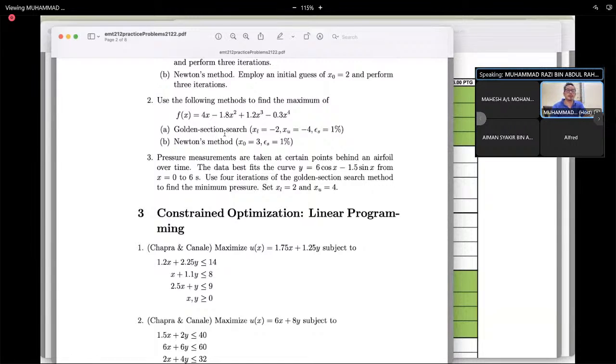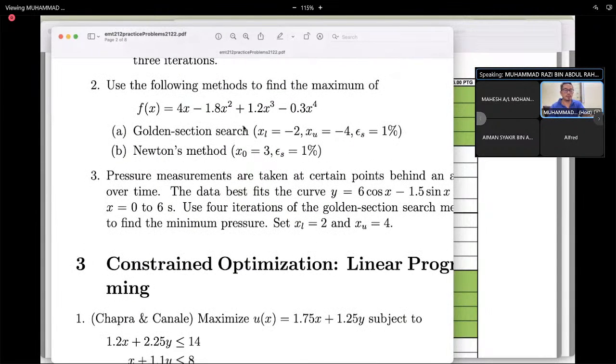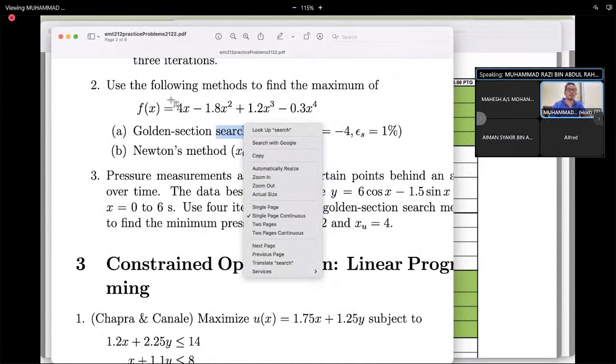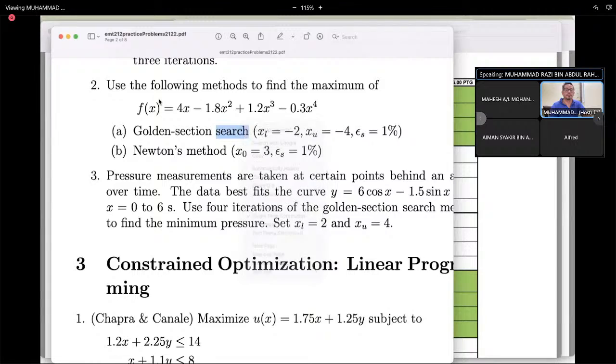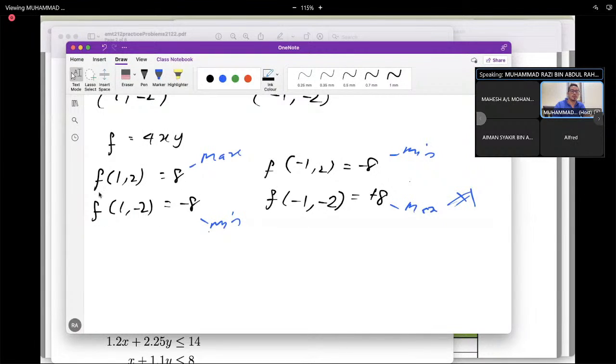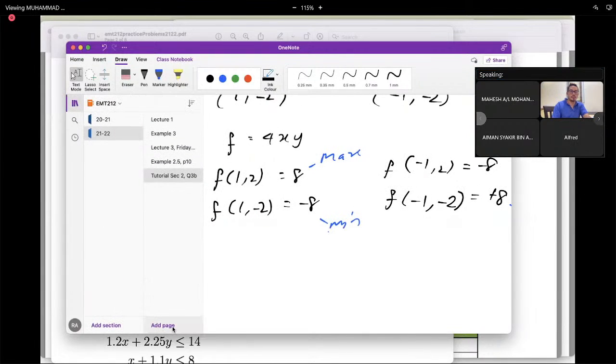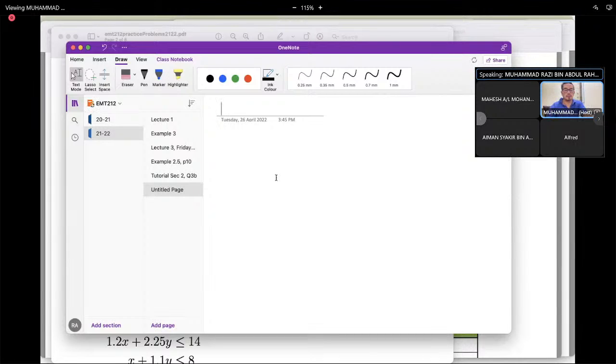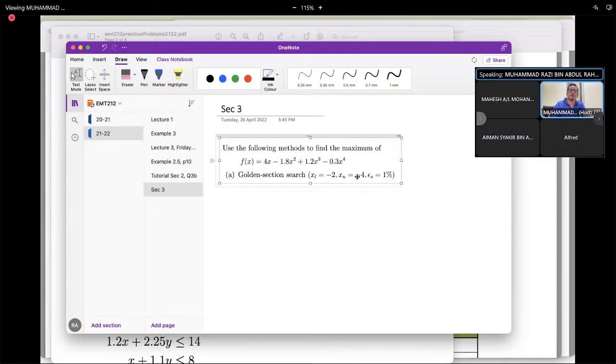I think I can just zoom it a bit. I can put it on OneNote and then just explain to you how I would do this. Section 3, I believe. All right.